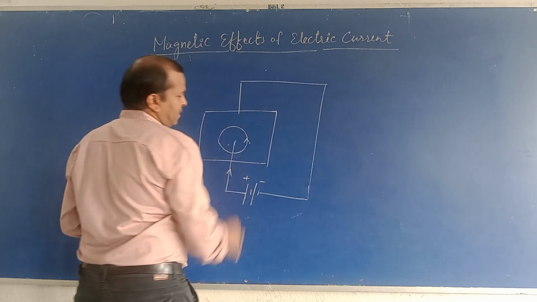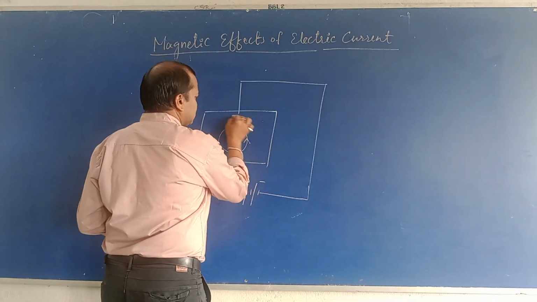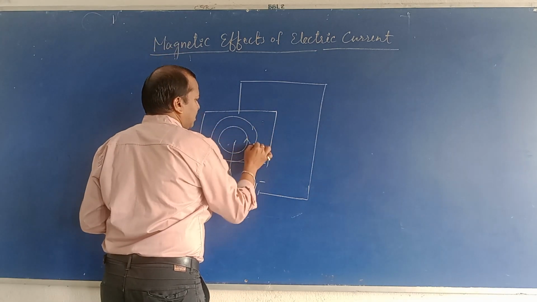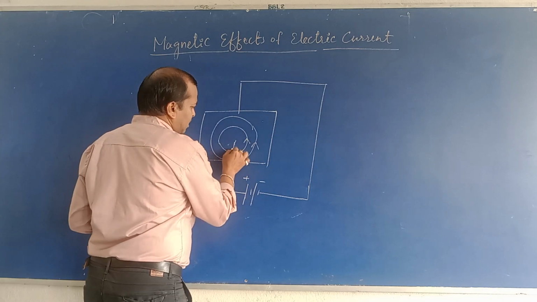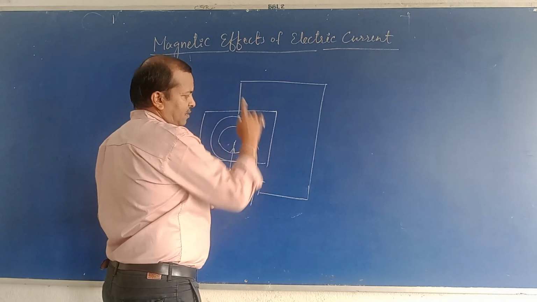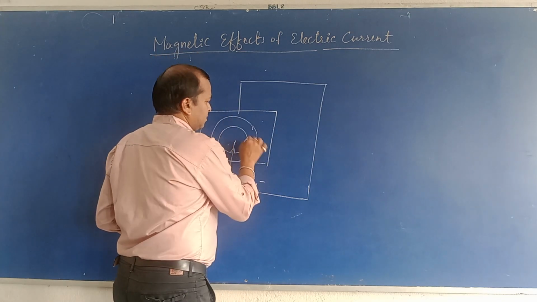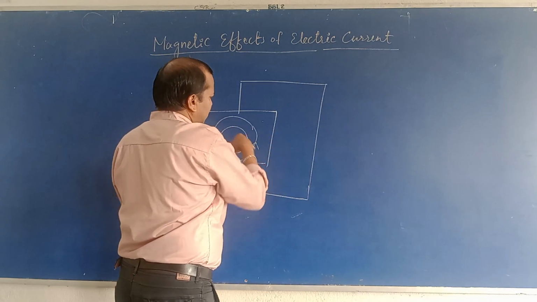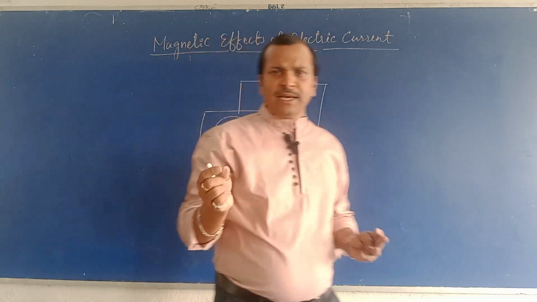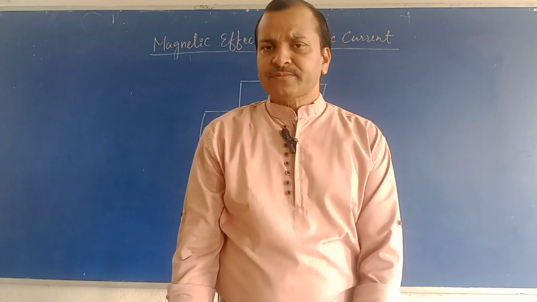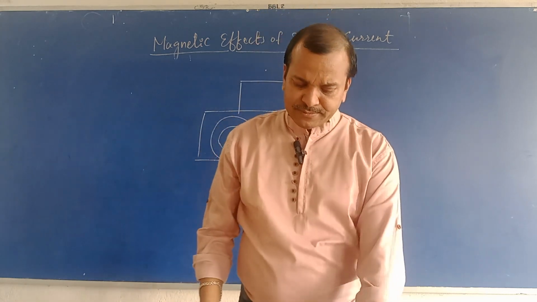You have to give the arrow marks like this, so field lines will be like this. If current is from the other side, then the field lines will be reversed. Is it clear now?